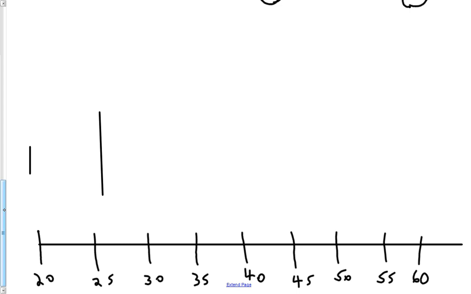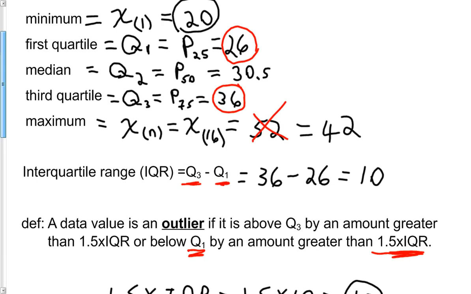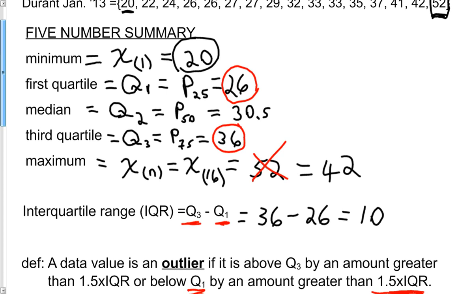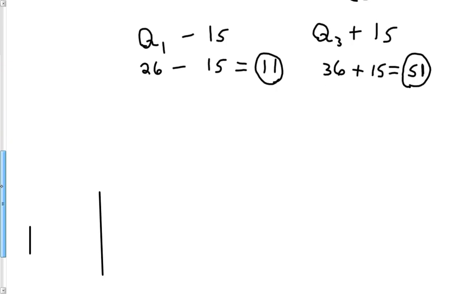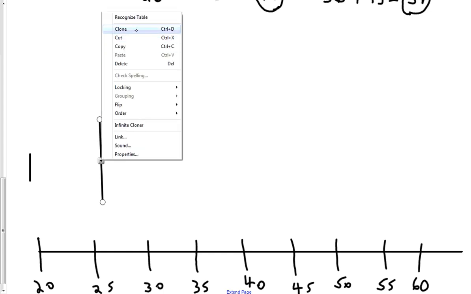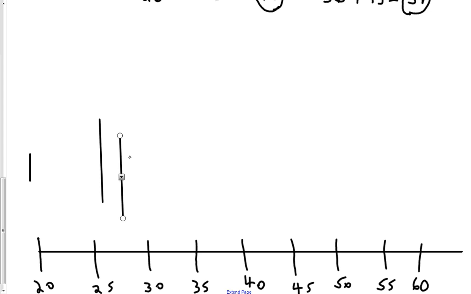And we're going to also do the same thing for the rest of the five number summary. So the median is 30.5. I'm going to make a vertical line above 30.5, the exact same size as this one, which is here somewhere, about 30.5.